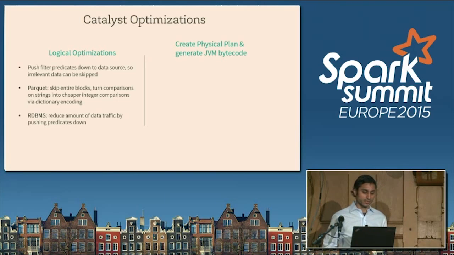Much faster than doing a full read and then filtering in Spark's memory, which you would have to do if you were reading from S3 or HDFS. Those two file systems, or S3 is more of an object storage system, but HDFS and S3 don't support predicate pushdown. So you have to do a full intake read and then do a dot filter in Spark.